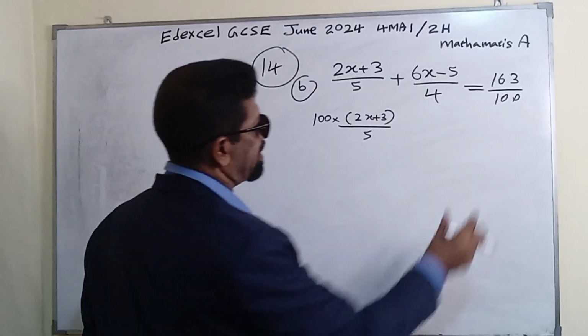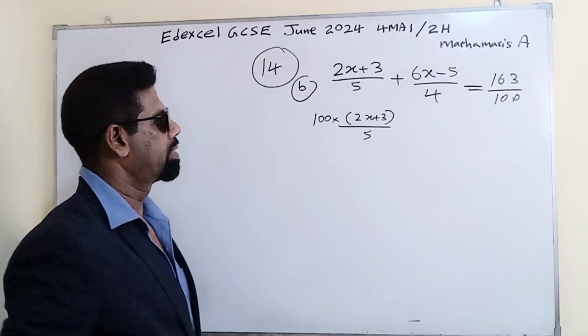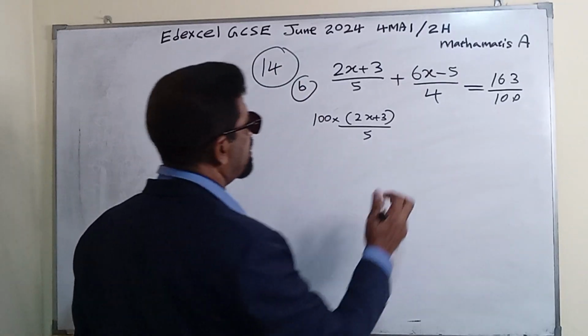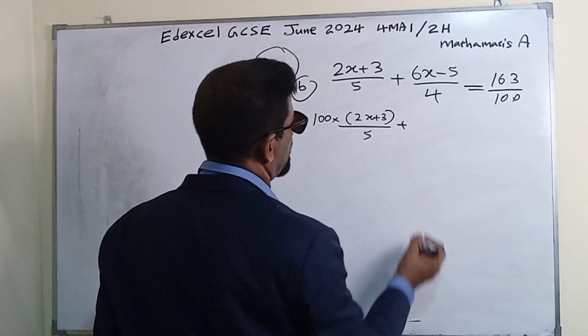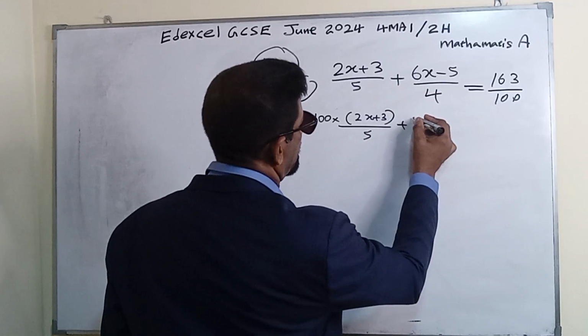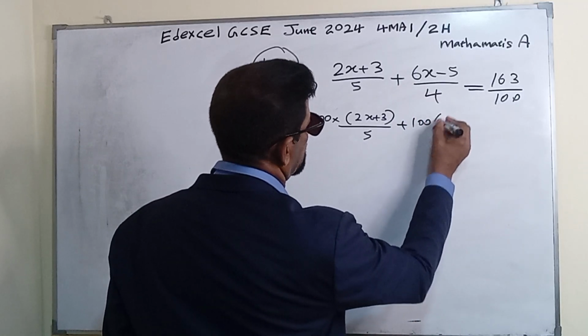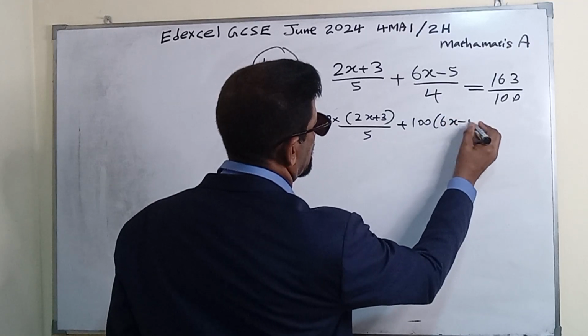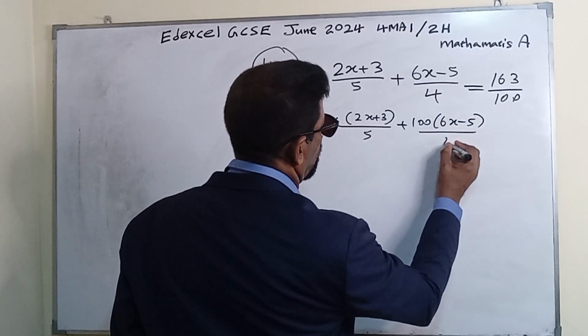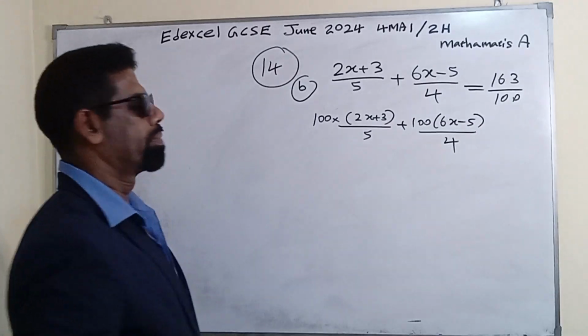Now we are planning on removing that 100. Different methods are there, this 100 is the easy method. Then 6x minus 5 over 4.